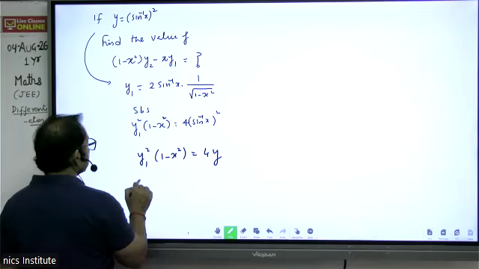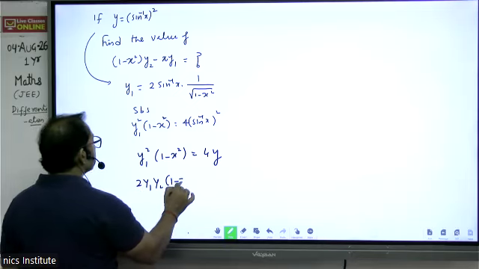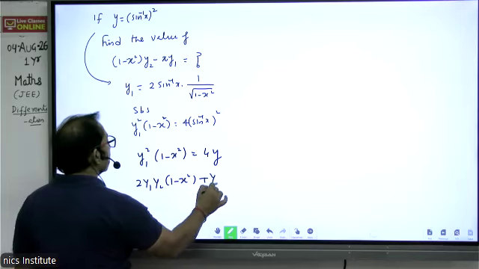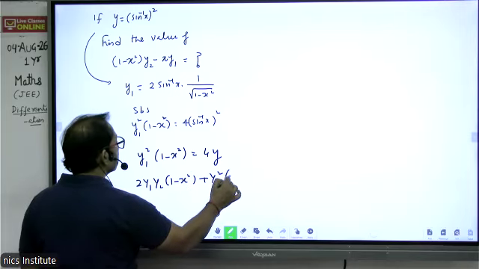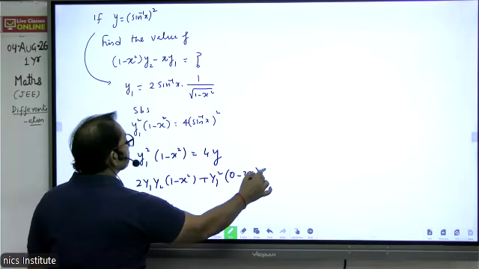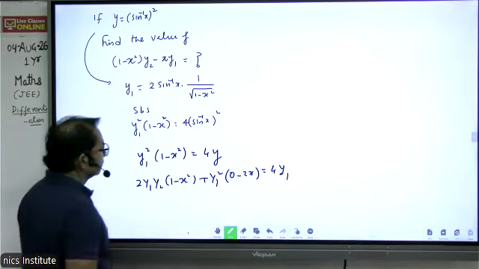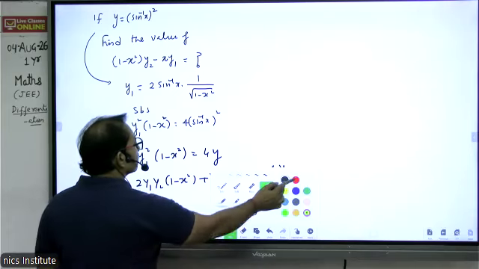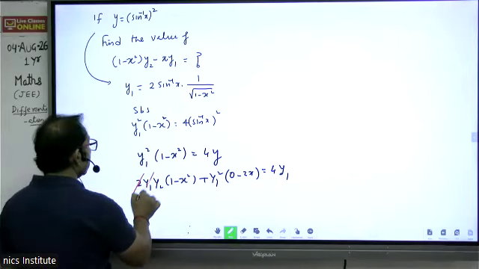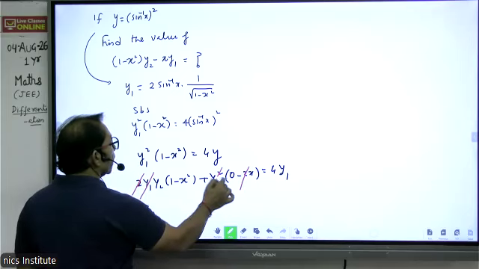So y1 square का derivative 2y1 y2, 1 minus x square as it is, y1 square as it is, derivative of this, which is, and this is 4y1. 2y1 cancels.